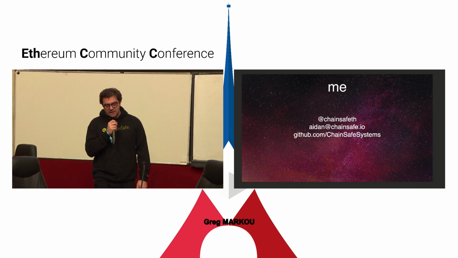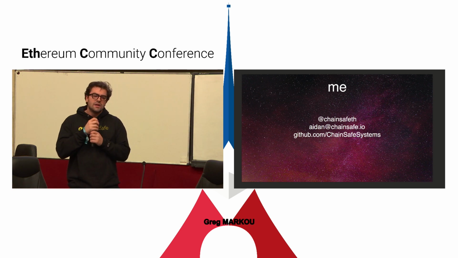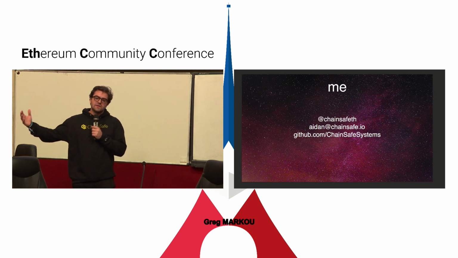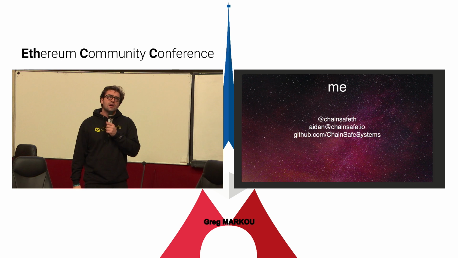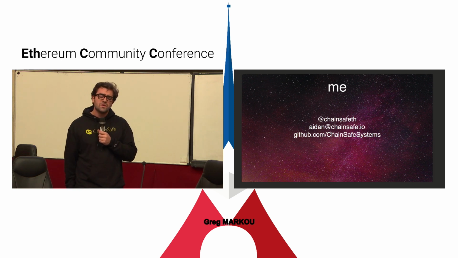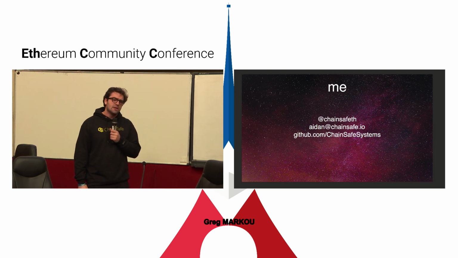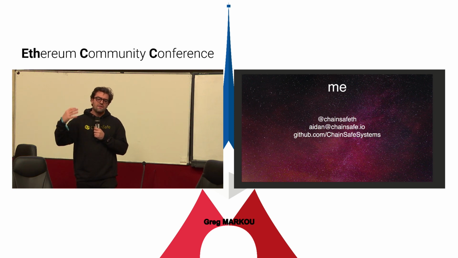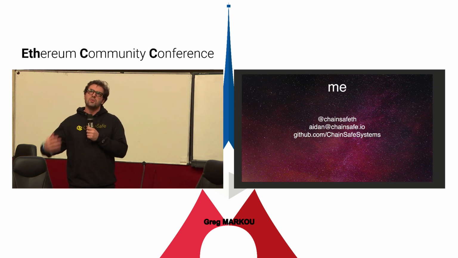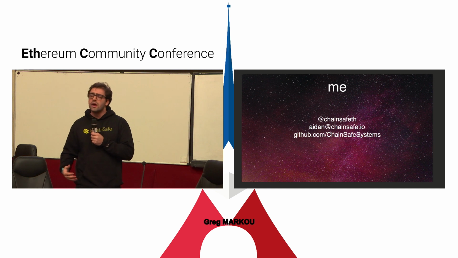So basically, the TLDR of what we're trying to get at here is that we've been building using sidechains for clients a lot outside of our open source work, and every time we have to implement, we have to get really unique because of the requirements of the client.